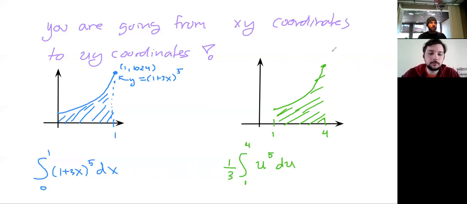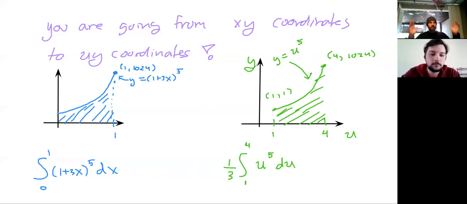This is the point (4, 1,024). And this is the point (1, 1). And what is this curve? This is the curve y equals u to the 5th. So this is your u-axis and this is your y-axis. So basically what we're saying is these have the same areas.